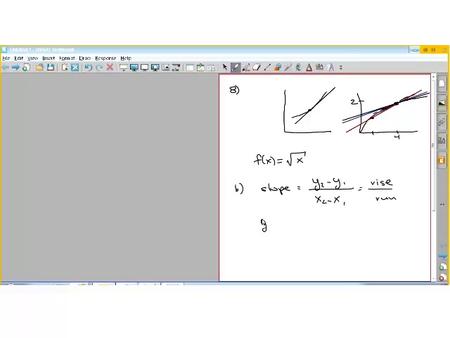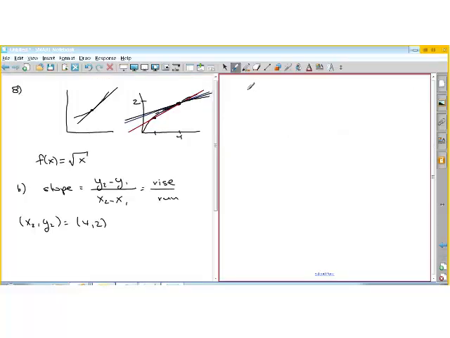Now, in this case, I'm going to let x2, y2 be the point 4, 2. And then we're going to let x1, y1 take 3 values.